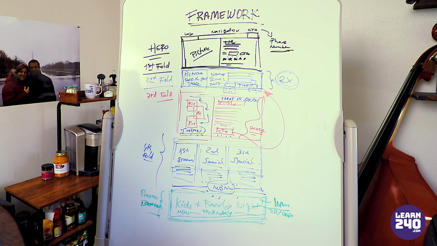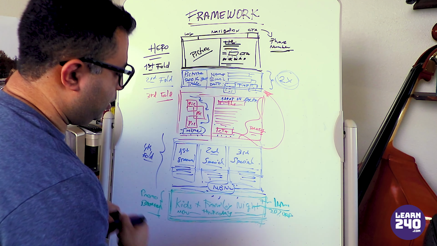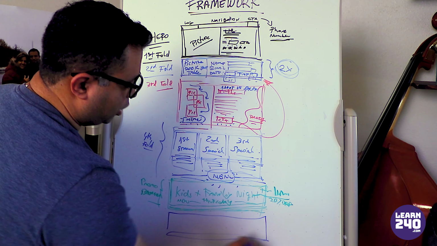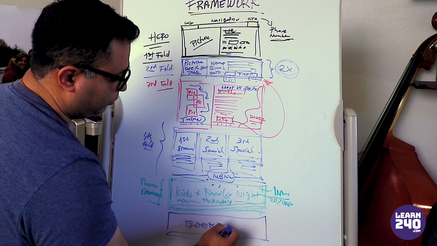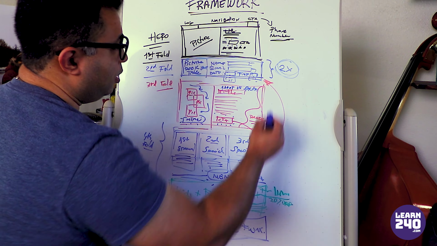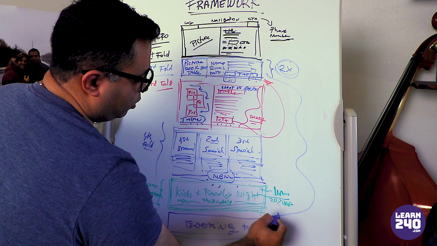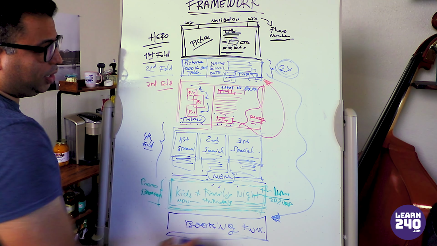This is one. We can also repeat our booking functionality. Let's just repeat this, remember? And let's bring another copy right here. It's just the same thing, but right here.